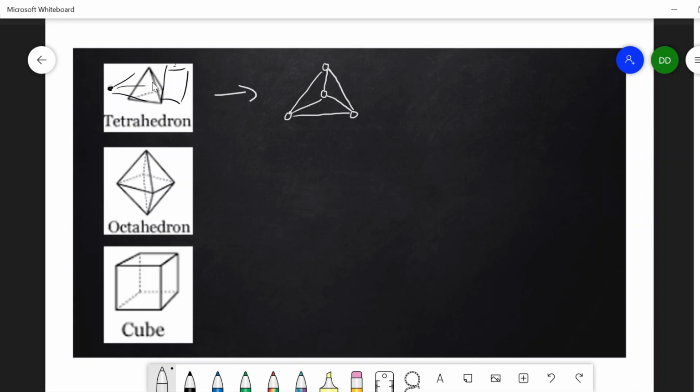Each face of the tetrahedron is triangular, has 3 sides, and we see in the graph each face, or what we'll call regions of the graph, is a 3-cycle, a triangle in the graph theoretic sense. So the tetrahedron gives us this graph, and we can recognize this as K4.